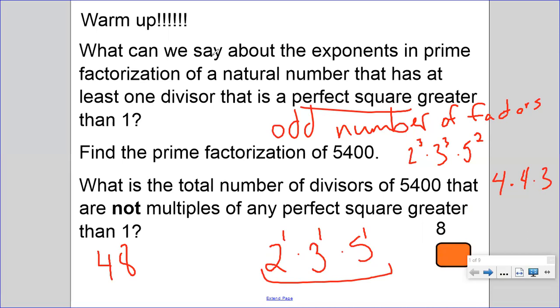We're allowed to have 1. And so this just becomes 2 divisors from the 2, 2 divisors from the 3, and then 2 divisors from the 5. So that gets us a total of 8 divisors. And so we just got 8 as the total number of divisors where they would not be multiples of perfect squares. Questions, comments, concerns there?